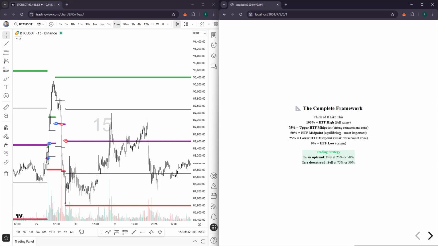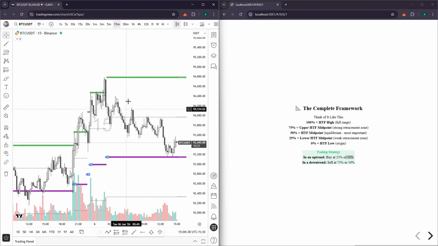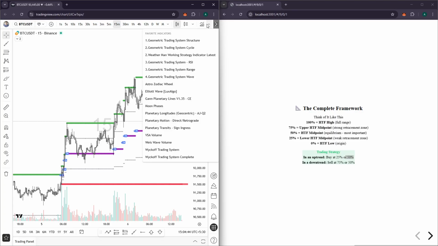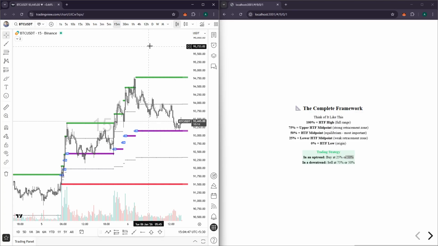So the trading strategy would be, if you're in an uptrend, buy at the 25% level or the 50% level. See, as we are in an uptrend from this, I'll actually run through some.